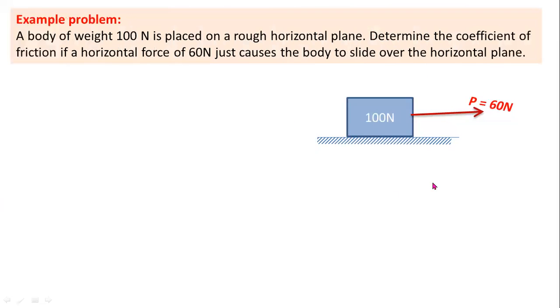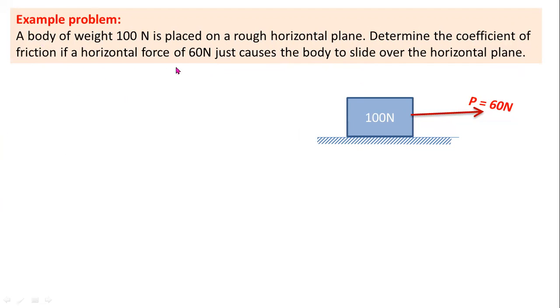Then you have to determine the coefficient of friction mu between the horizontal plane and block. The question is, a body of weight 100 newtons is placed on a rough horizontal plane. Determine the coefficient of friction if a horizontal force of 16 newtons just causes the body to slide over the horizontal plane. This is the question.